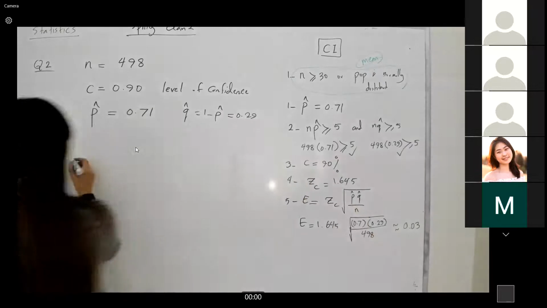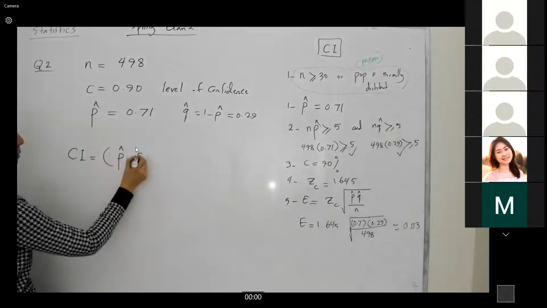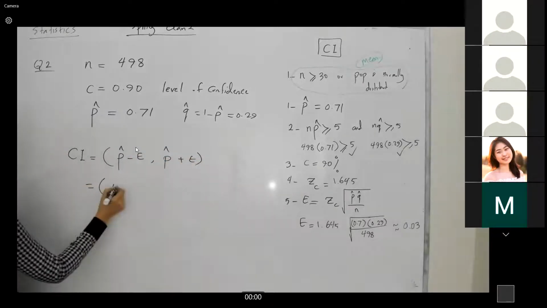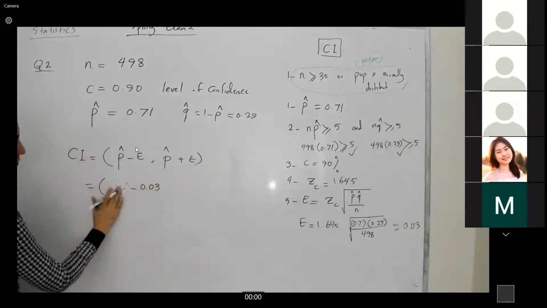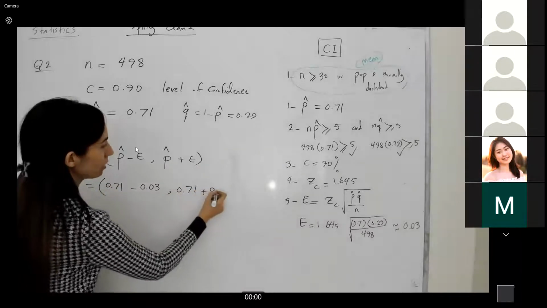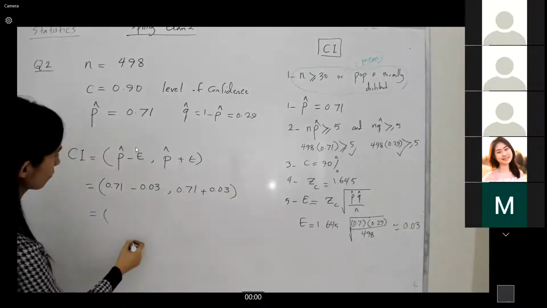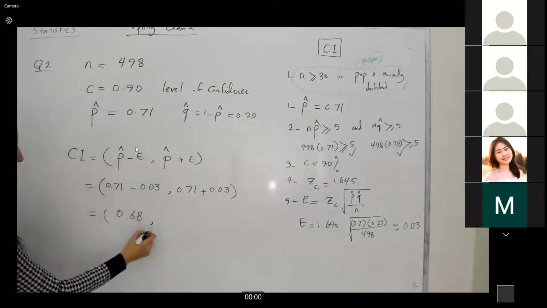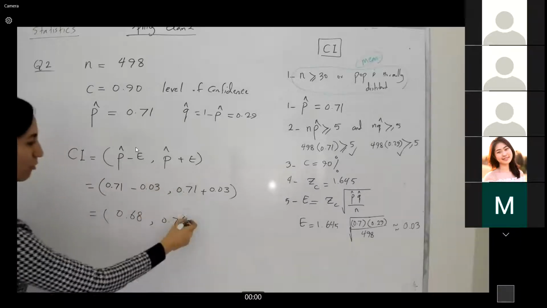Now you can construct your confidence interval, which is P hat minus E, P hat plus E. 71% minus 3%, and 71% plus 3%. 0.678 and 0.74.